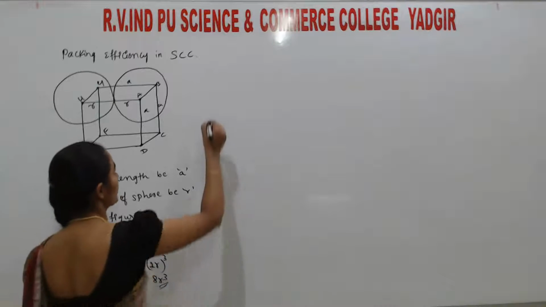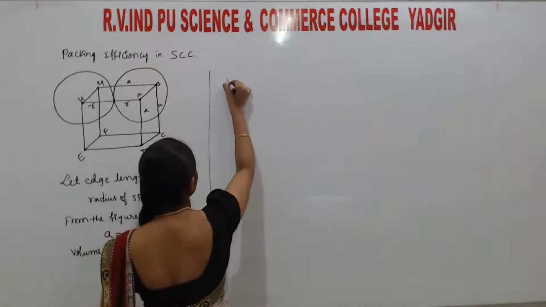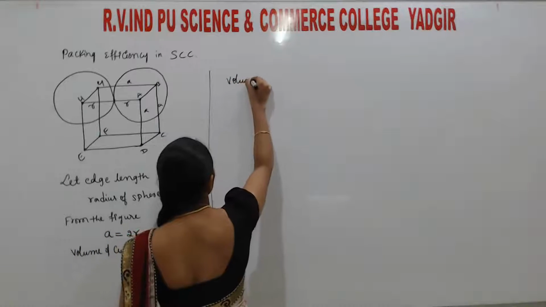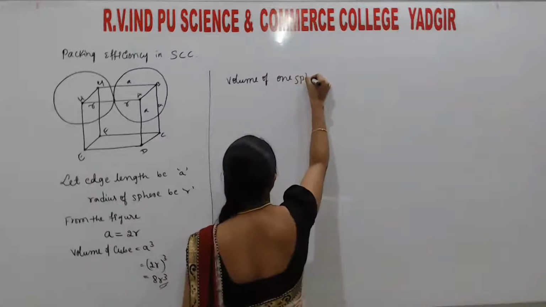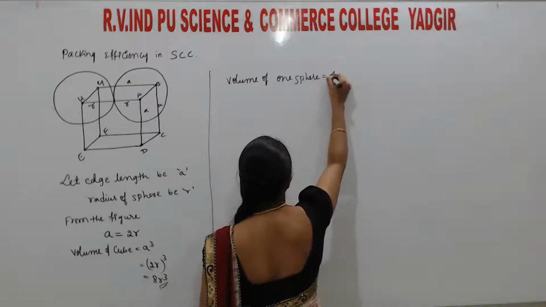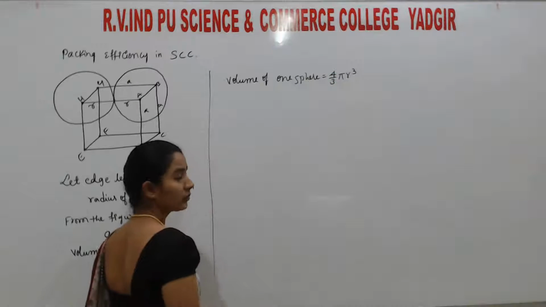Okay, next one is volume of one sphere is equal to 4 by 3 pi r cube.